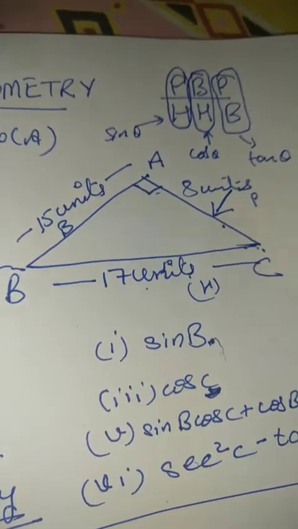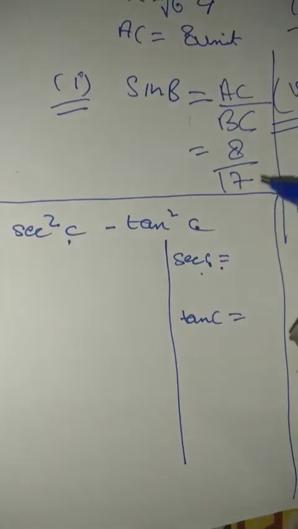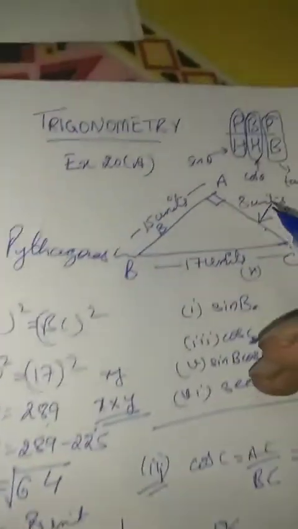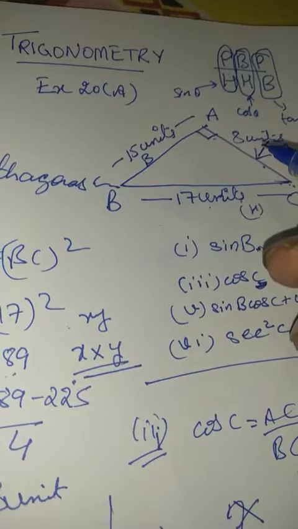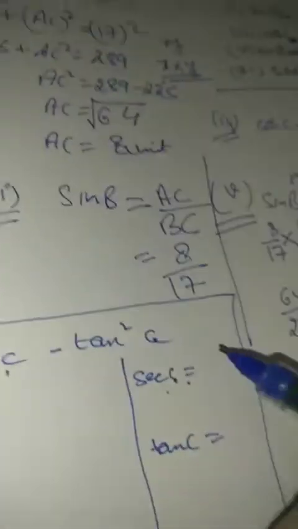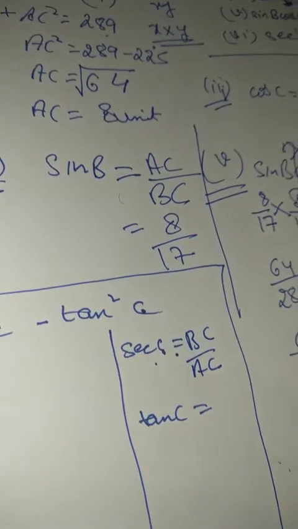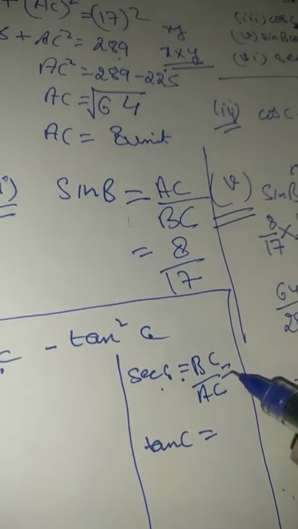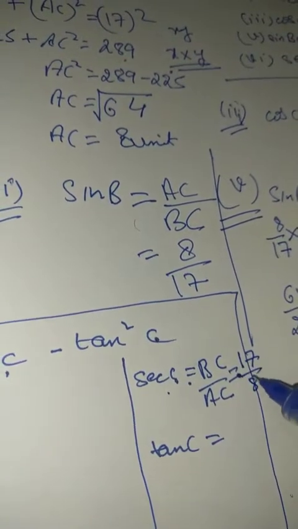So that will be BC upon AC. From this figure, sec will be the opposite of cos. Cos is base upon hypotenuse, so sec will be hypotenuse upon base, that is BC upon AC, which will be equal to 17 upon 8.